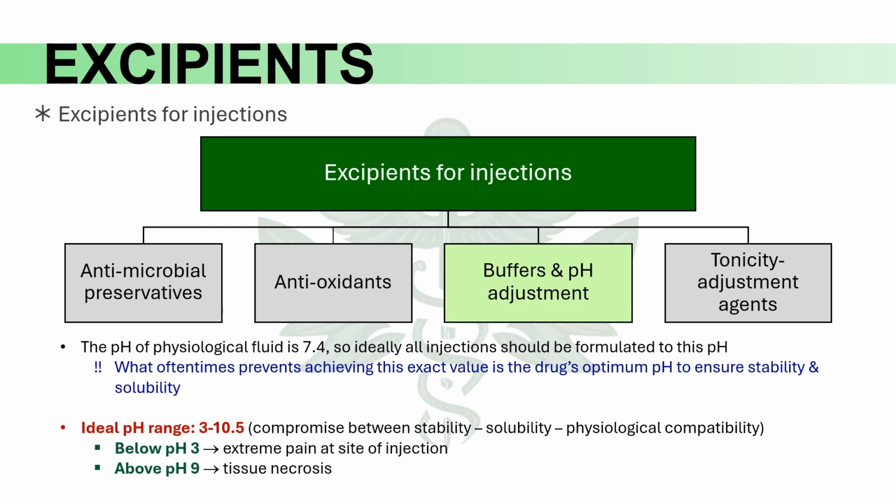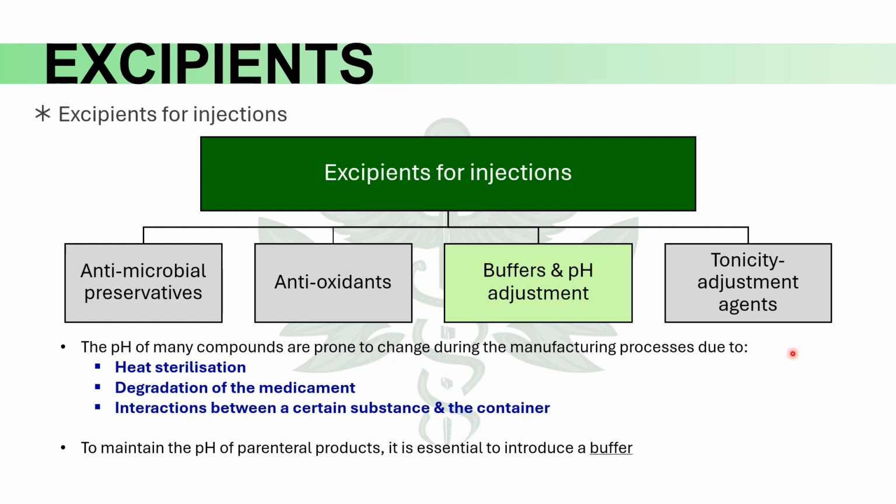That is why it is imperative that the pH of parenteral products be maintained within this range. For us to maintain the pH, we need to know what factors change it. The pH of many compounds is prone to change when we sterilize the preparation using heat, when the medicament is broken down, and by the interaction of a certain substance in the preparation with the container. In these cases, it is essential that we introduce a buffer to maintain the pH.